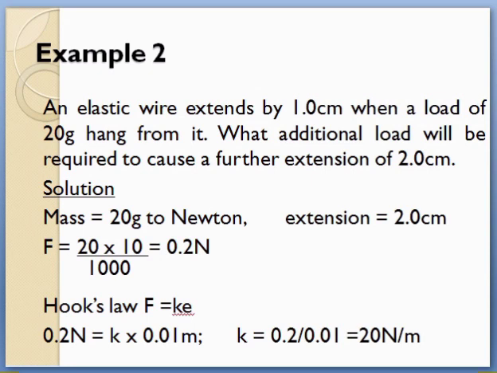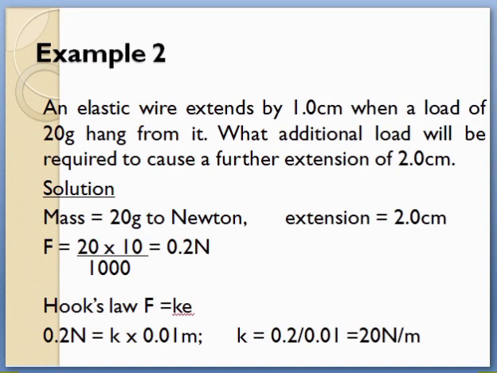And our extension from the question is given as 1.0 centimeter. So we recollect Hooke's law, where force is equal to force constant times extension, which is F equals KE. And we substitute the value of our force and our extension into the equation.